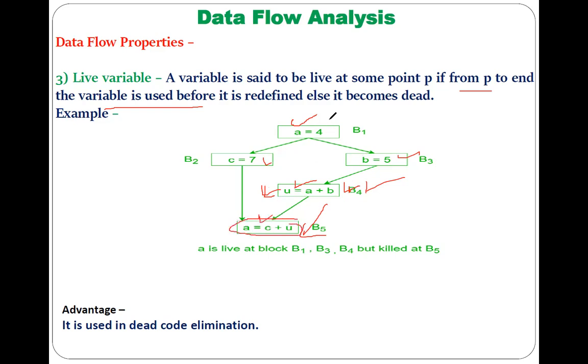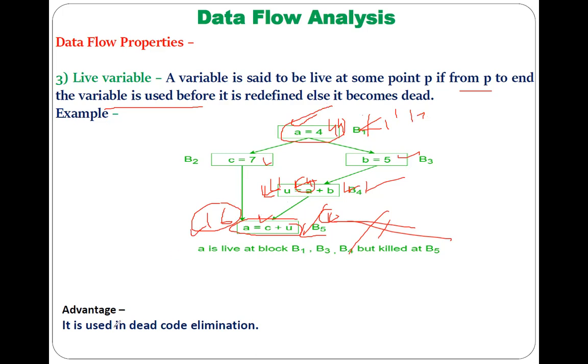Understood? Because its value of A is 4 here and it is 16 here. That is the reason 4 is getting utilized here, not the 16. That is the reason it is live here, but it is dead here because this value is getting changed at this point. Here it is 4, here value of A is 16. At the point it is redefined, the previous value of A is getting killed. Understood?